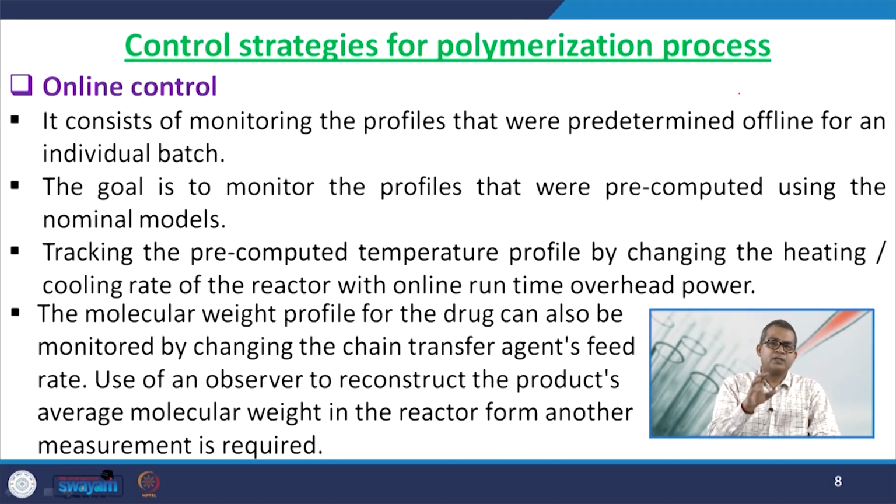Now, see, this is a most common phenomenon, because if your reactions are exothermic in nature, there may be a tendency for the temperature inside the reaction mass to go on the higher side.